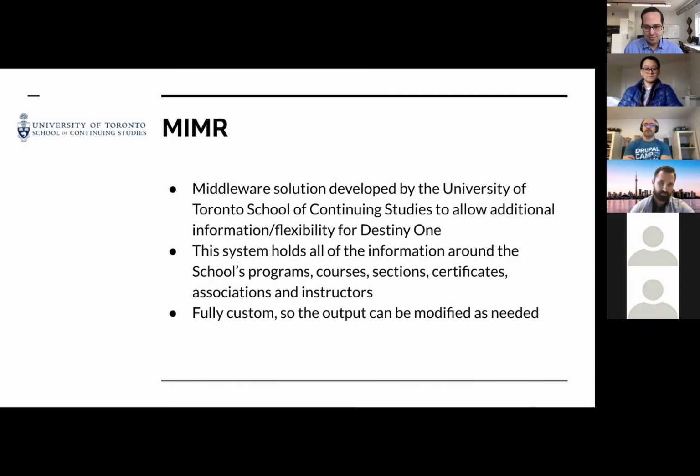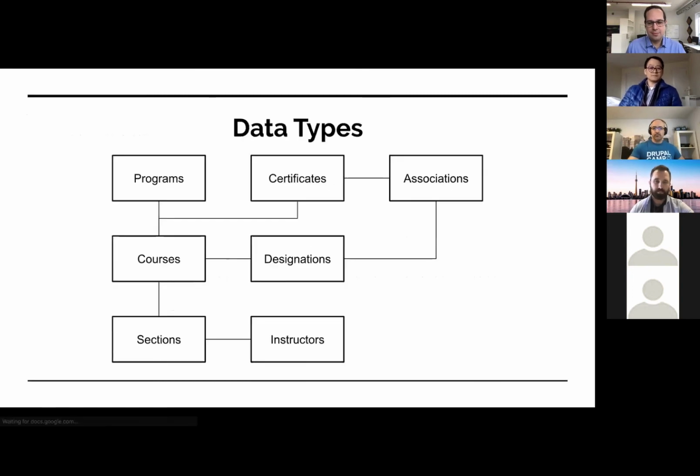It's really a custom middleware solution to allow them to either extend the fields and data available for some of the pieces that are already being managed by DestinyOne, but also to manage and associate those with other kinds of data. So for example, instructor biographies or associations that they're affiliated with, and certificates and just different types of data. And as we mentioned already, it's fully custom, and so they have complete flexibility in terms of how it functions, what data it outputs, at what frequency, and so on.